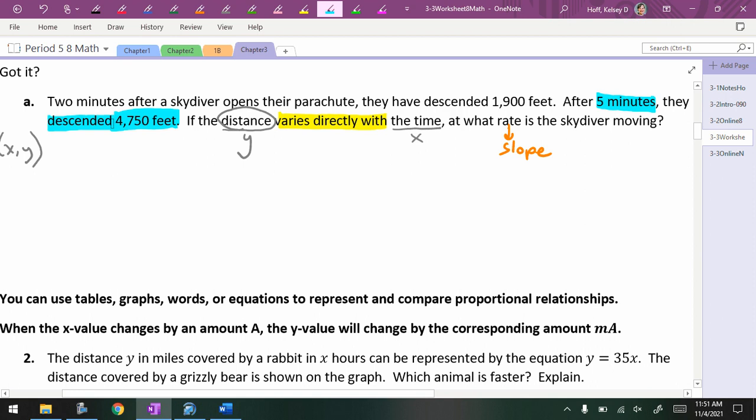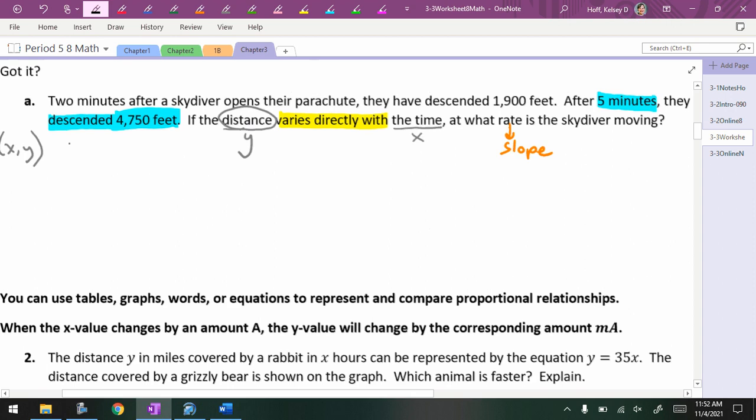Descended. What does that mean? It's got to be a negative. Okay? 5 minutes, that skydiver has gone a negative 4,750 feet. What's my other point? Tori? Very good. 2 minutes and negative 1,900 feet.